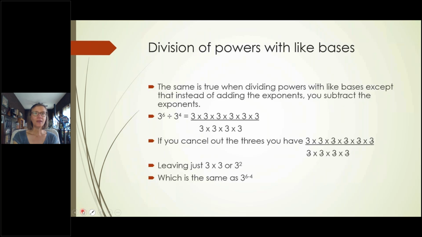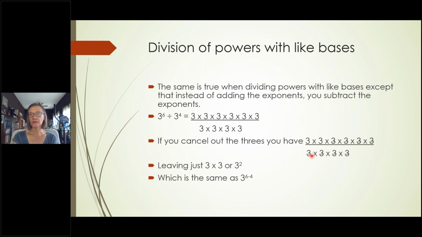With division, it's the same thing, except that instead of adding the exponents, you subtract the exponents. So in this case, 3 to the 6th divided by 3 to the 4th can be spelled out as 3 factored 6 times in the numerator, 3 factored 4 times in the denominator.